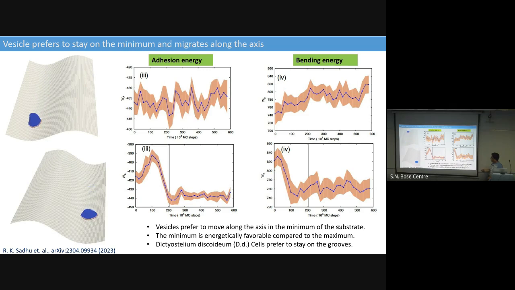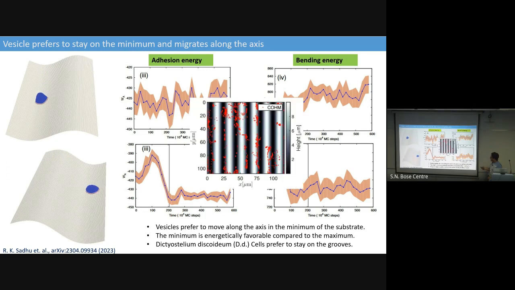So when they cross the minimum or come close to the minimum, the energy actually reduces. So by measuring the energy, we can explain this. There are even more qualitative explanations that will come, but at this stage, we can say that the energy is minimum when they are on the minimum of the substrate.